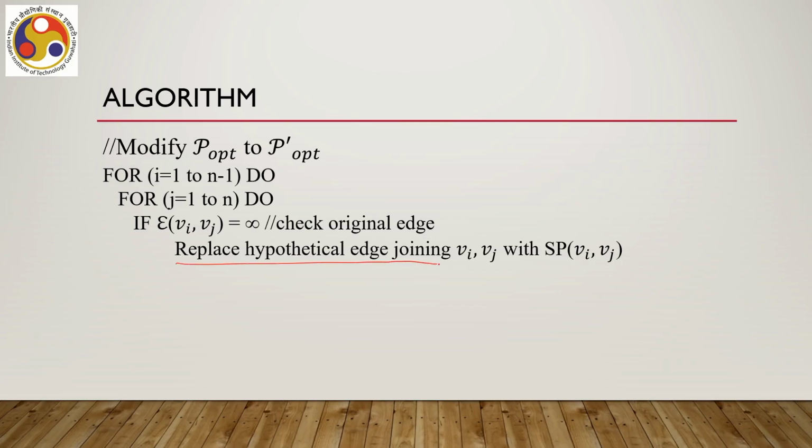So, we need to replace those edges to reflect the original nature of the graph. So, replace hypothetical edges joining V i V j with the shortest path V i V j. Then we need to return the optimal path, which is modified after replacing the edges with the shortest path.